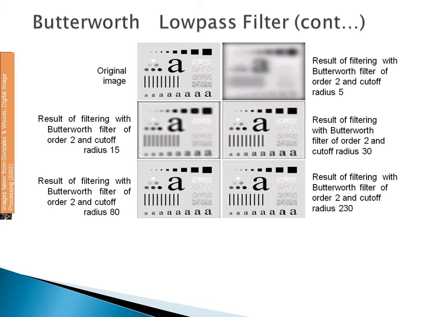The Butterworth low pass filter of order 1 has no ringing in the spatial domain. Generally, ringing starts to appear at order 2, but it can become significant for higher orders.